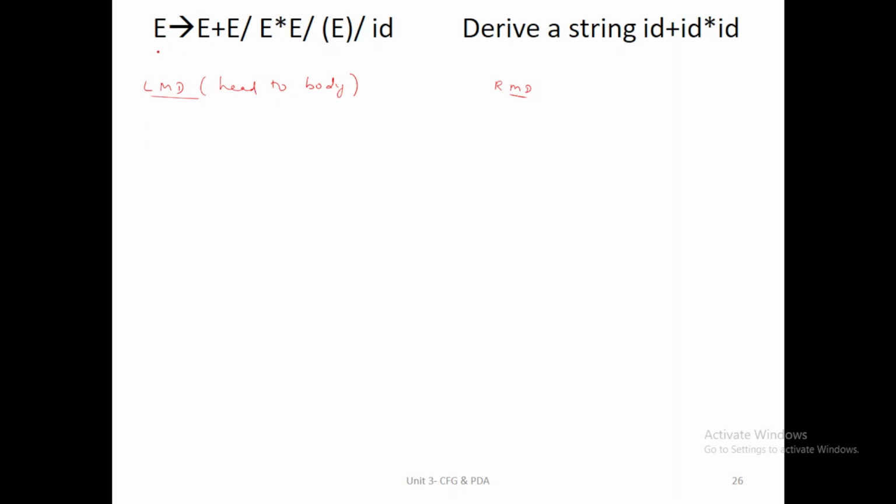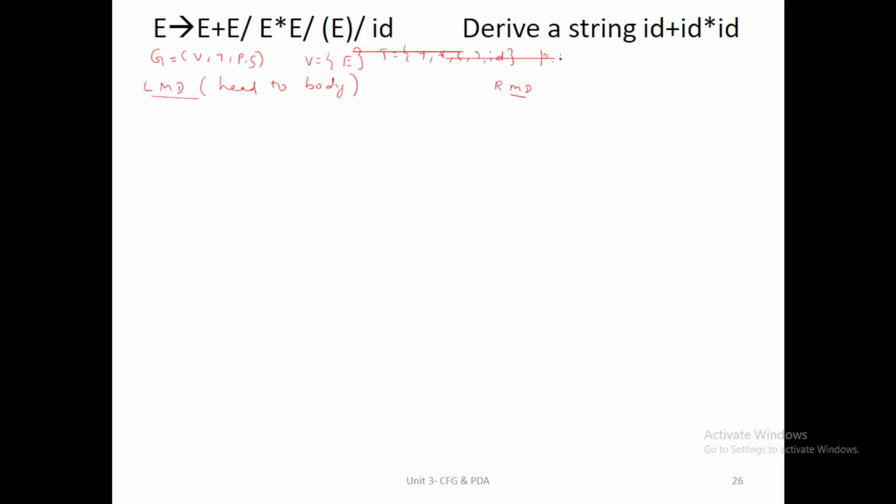In this notation, G is (V, T, P, S). The variable is only one non-terminal, which is available at the left side. The terminal symbols are plus, star, open parenthesis, close parenthesis, ID.